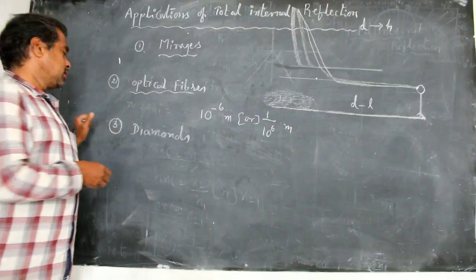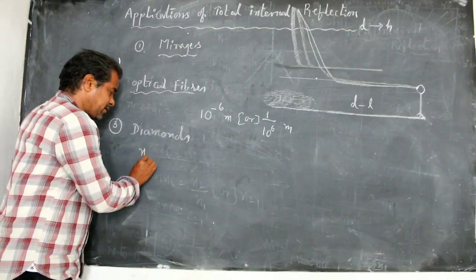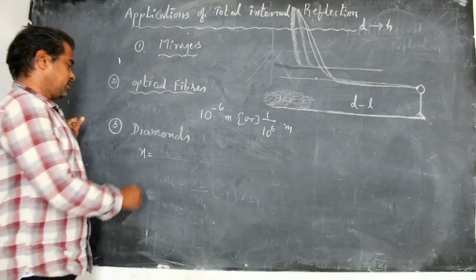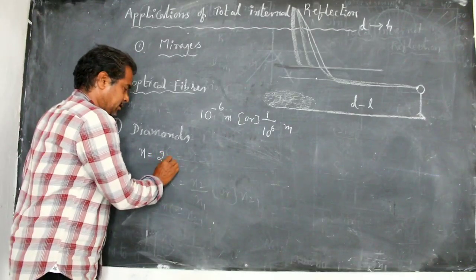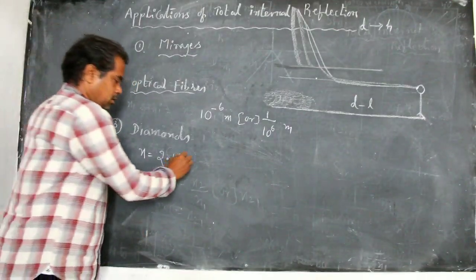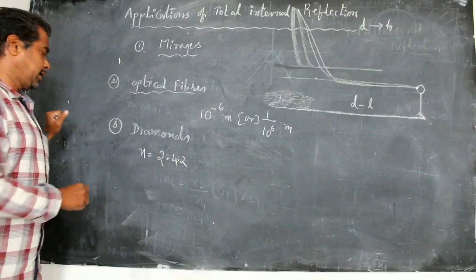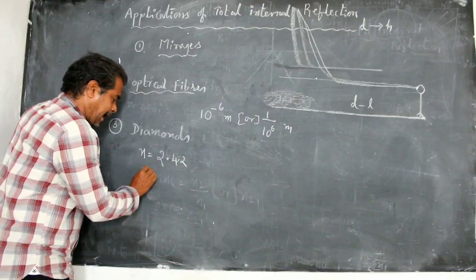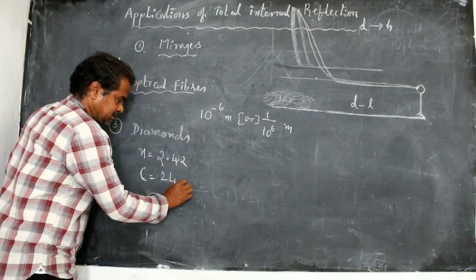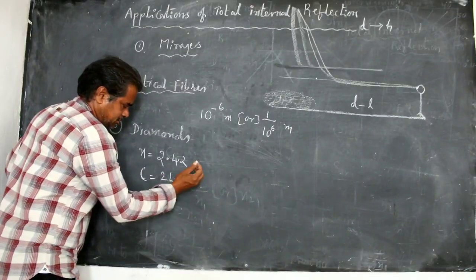Because the refractive index of a diamond is nearly 2.42, and the critical angle of the diamond is very small, nearly 24.2 degrees.